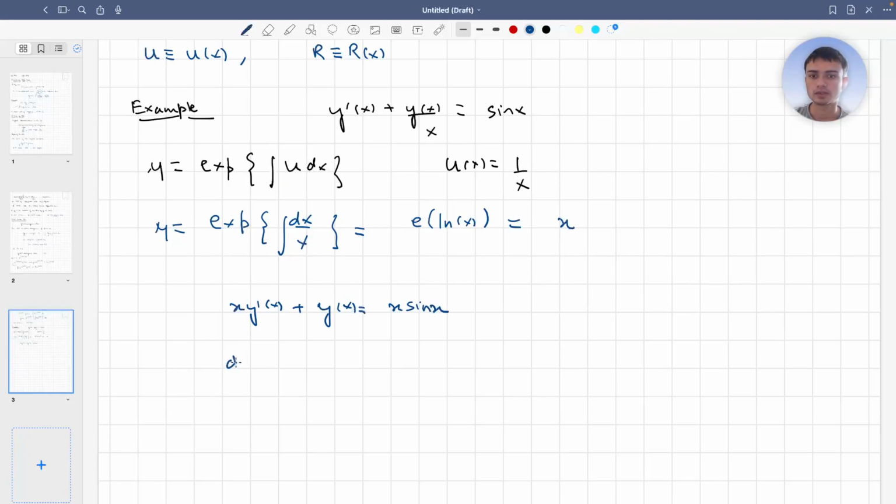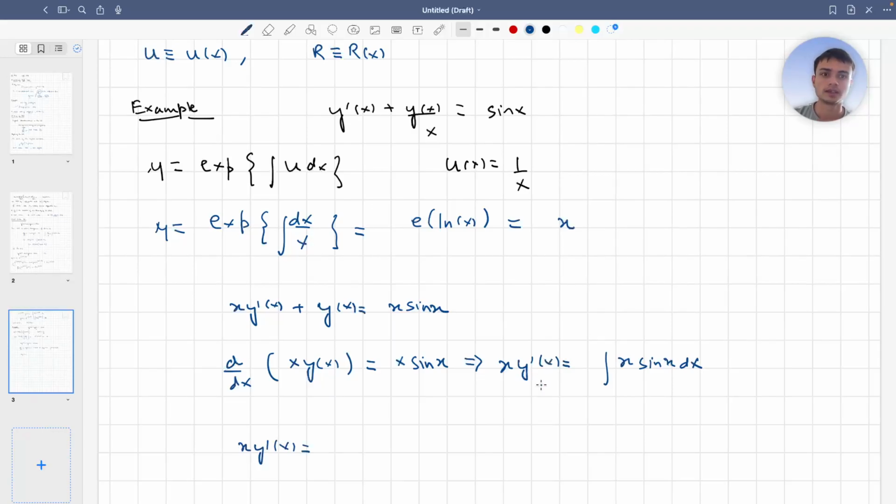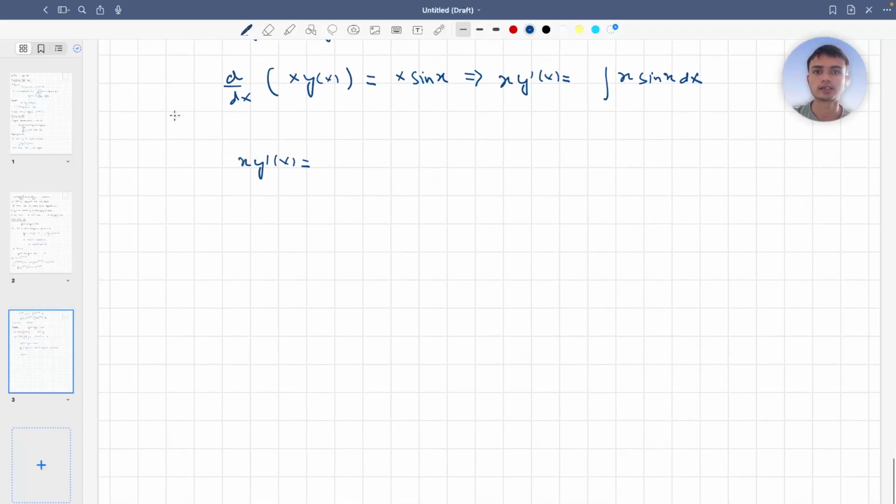Now it will turn out to be d/dx of x y(x) equals x sin x. So this implies that x y(x) is the integral of x sin x dx. We'll use integration by parts here. Let me do a little rough work on it here.